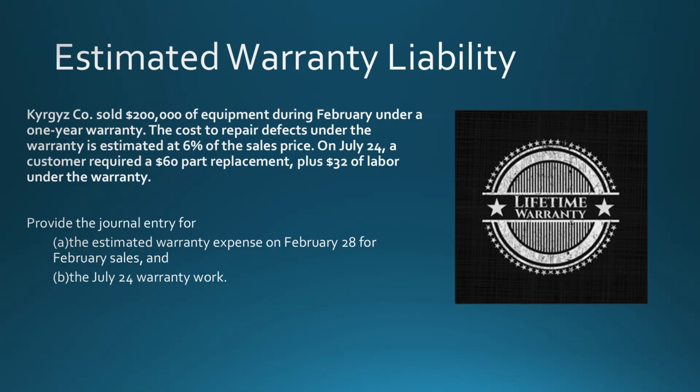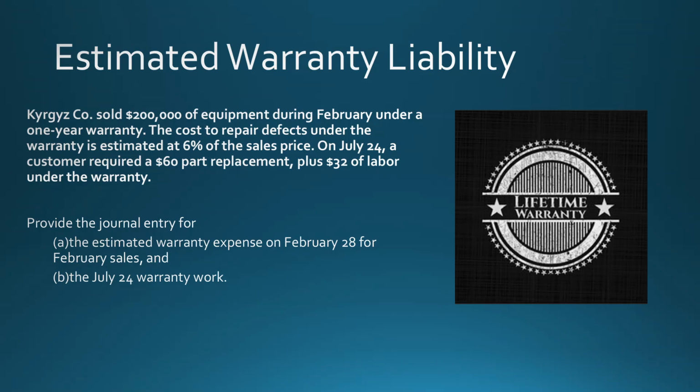So what does this look like? Let's take a look. Here we have a company that sold $200,000 of equipment in February under a 1-year warranty. The cost to repair the defects under the warranty we estimate is around 6% of the sales price.